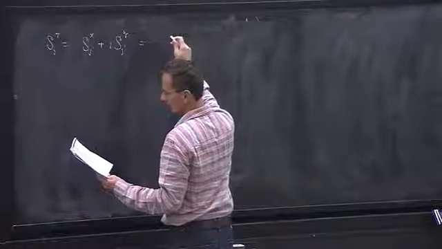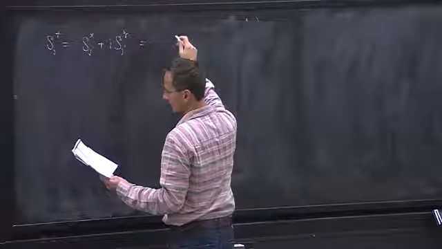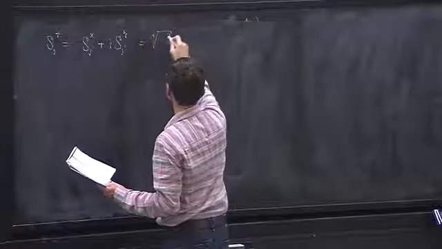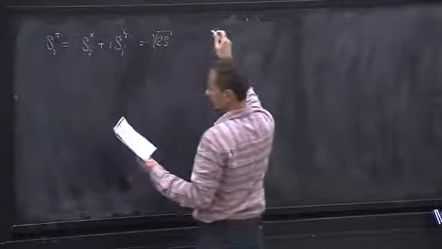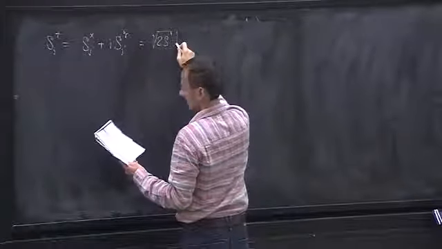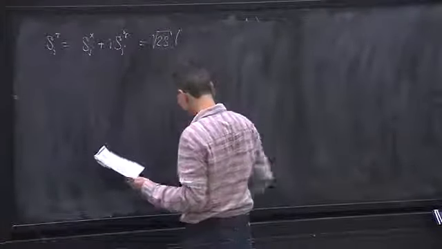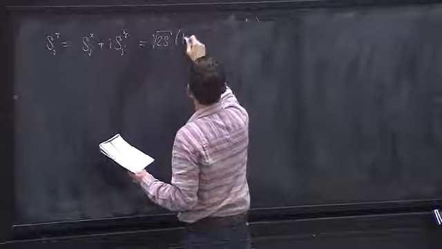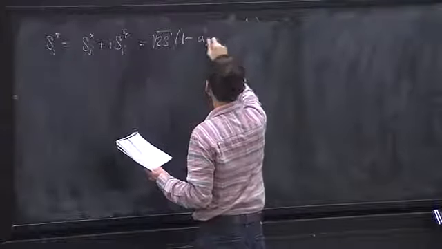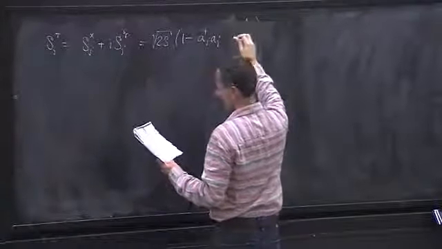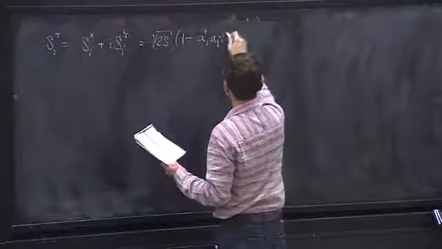And one can write it in terms of bosonic operators like this: 2s times (1 minus a dagger j a j divided by 2s) to the 1/2 times a_j.